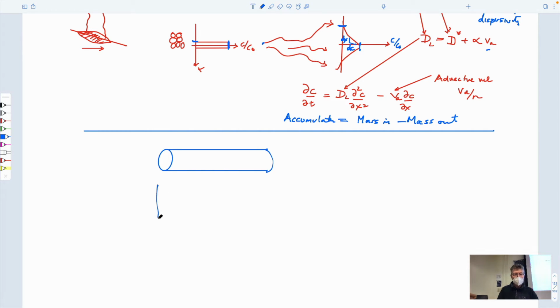And you can look at this behavior. That is, if you have relative concentration, C over C0, it's 1.